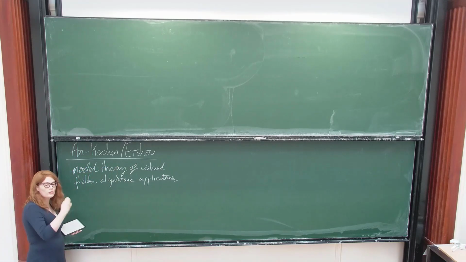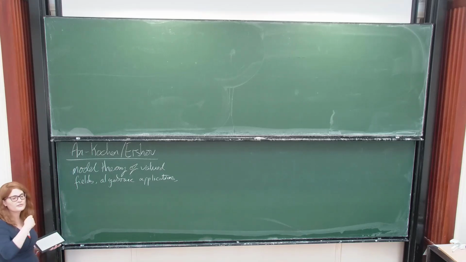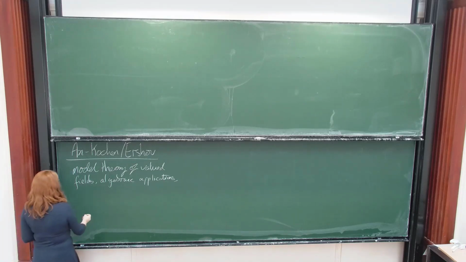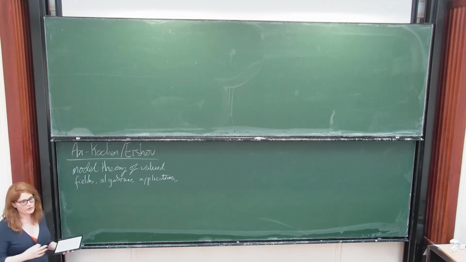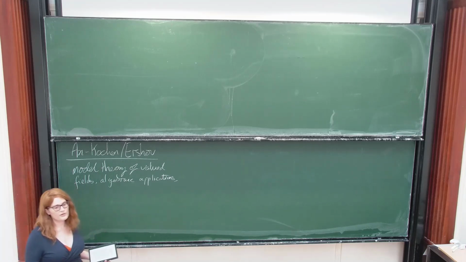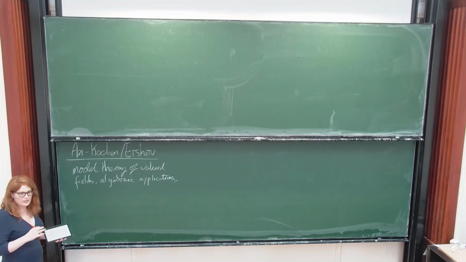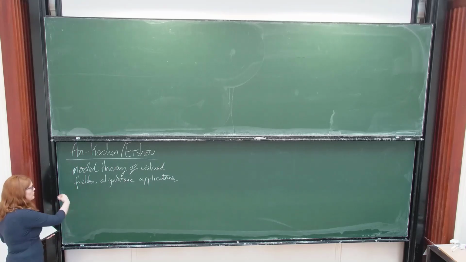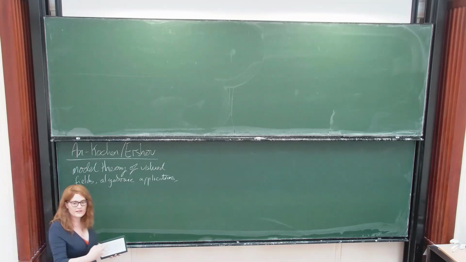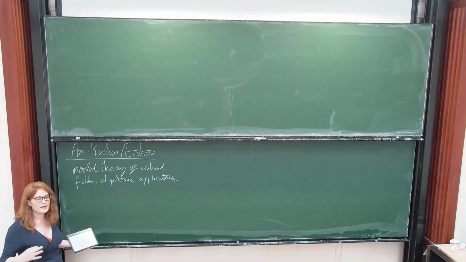It's kind of the core body of results that underlie a lot of contemporary research in both applied model theory and the more abstract parts of model theory that focus on using valued fields as a guiding family of examples.